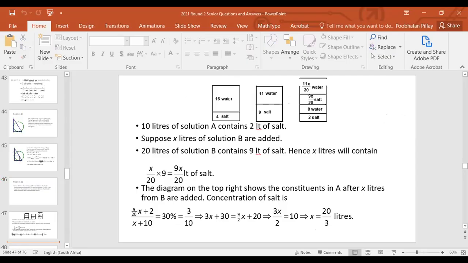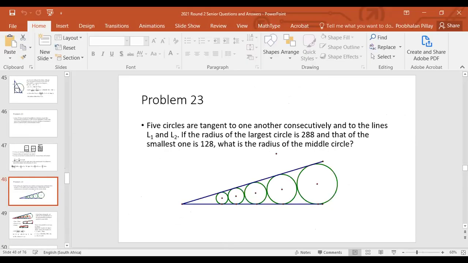Now, this is my solution, as you can see. I'm going to send you all the solutions. All right, this problem, the next one.